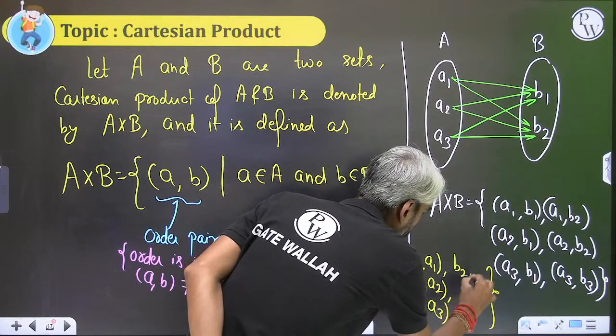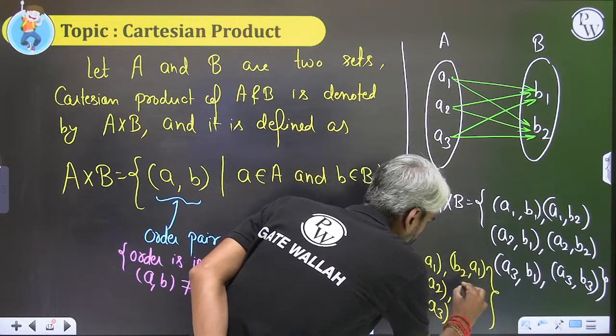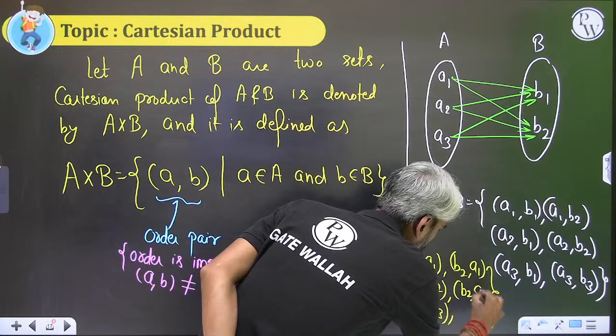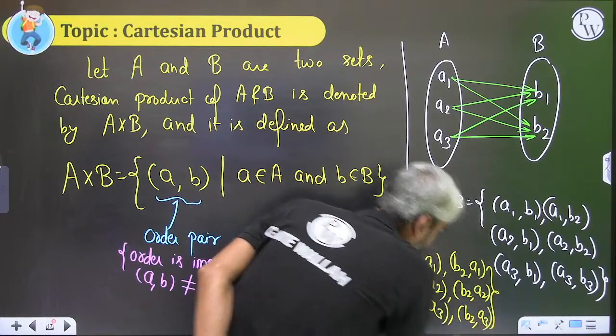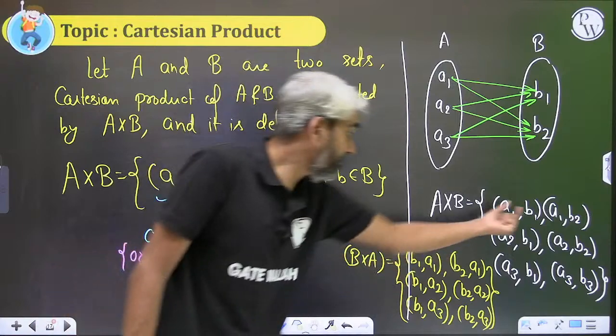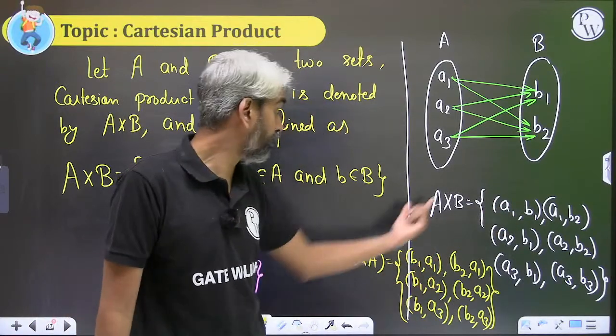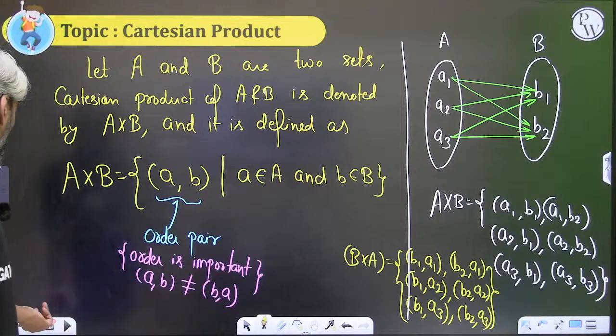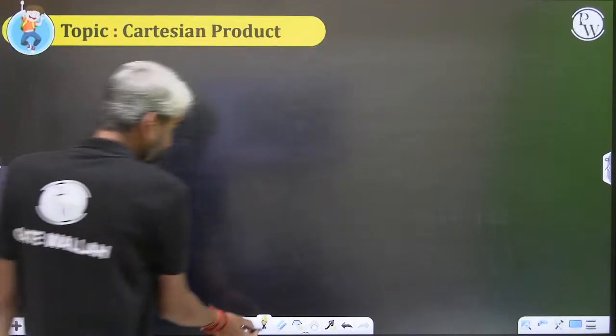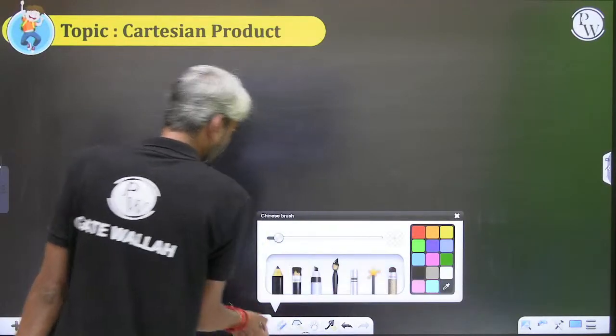Similarly, (B2, A1), (B2, A2), and B2 combined with A3. And as we know, (A1, B1) is not the same as (B1, A1). Therefore, A cross B is not equal to B cross A. So please just note down Cartesian product, same topic, Cartesian product.